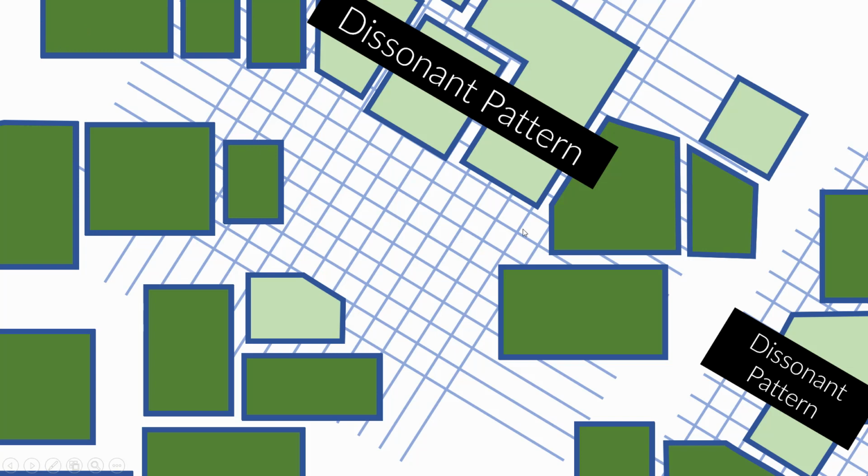If these were all in the same grid pattern, it would feel like there's not really any recognizable cadence between each of these spaces. So this is what creating these dissonant patterns does. It draws attention to them and also draws attention to the identity of these spaces, the fact that they can be picked out from the spaces around them.